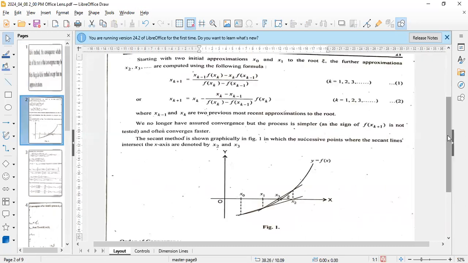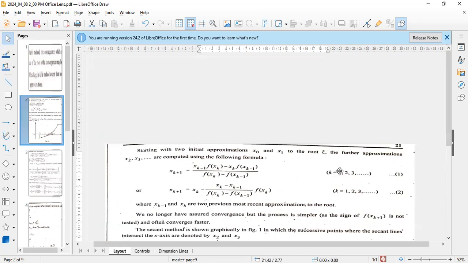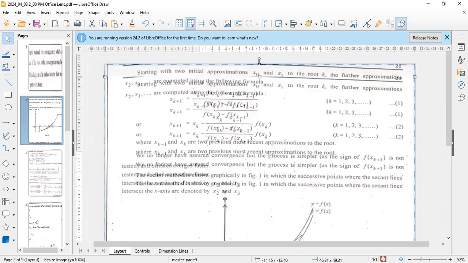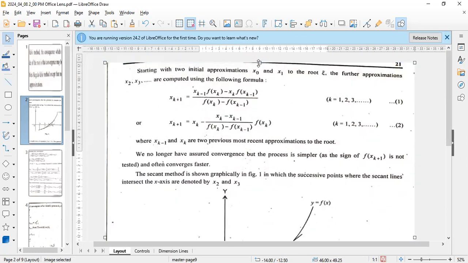We start with two initial approximations x0 and x1 to the root epsilon.